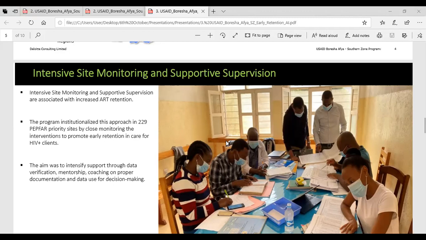The aim of intensifying the site support was to ensure that the SI component is supporting facilities to improve data verification, providing mentorship and coaching on proper documentation, as well as building the capacity of the healthcare providers in using the data for decision making.